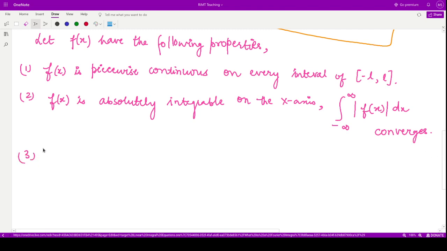And the third property the function should follow is that at every x on the real line, that means at every point x, the function f of x should have left and right hand derivatives.